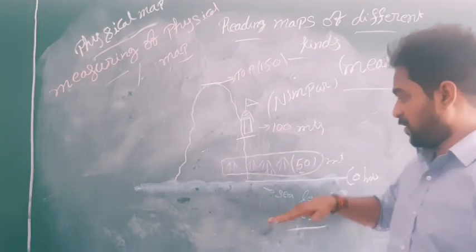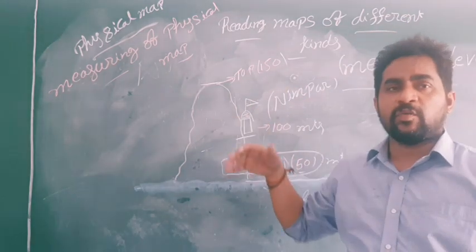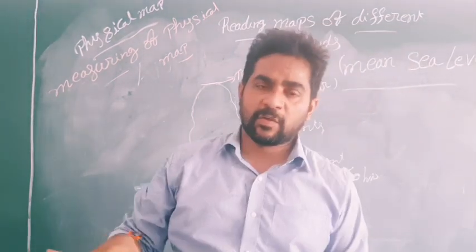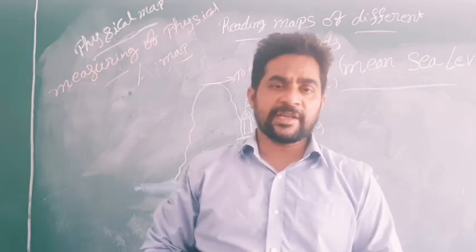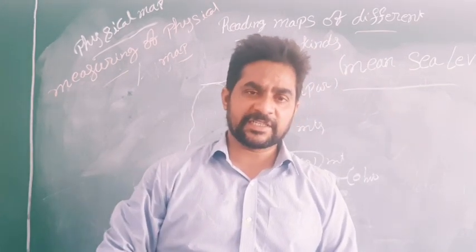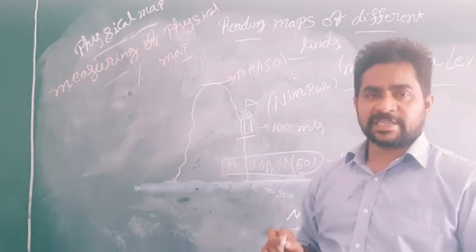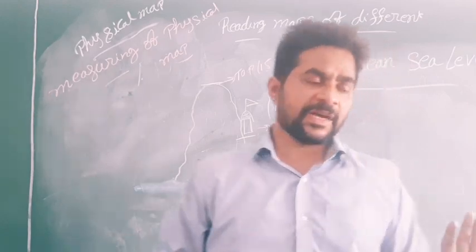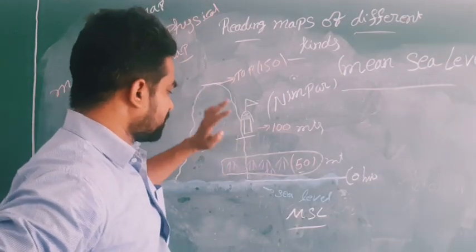When the high tide occurs, the water flows very high. When the low tide occurs, the water goes low. So only at the time of tides can the sea level change; otherwise it cannot change. We always calculate based upon the sea level only. So see this example here.